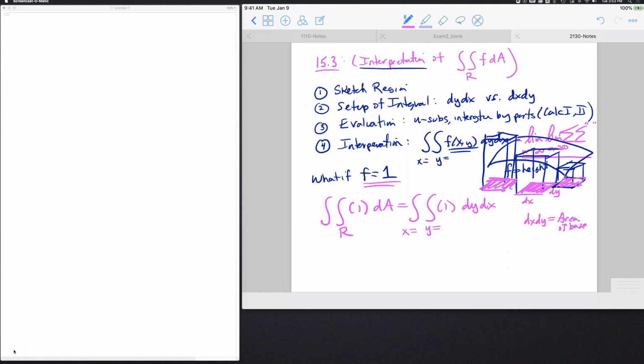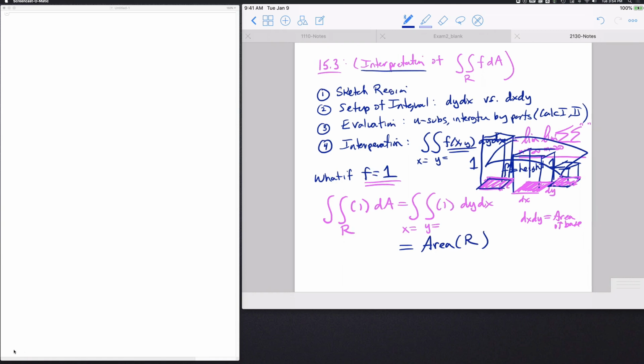If the function height is always equal to 1, then the volume of each cube is the same as the area of the base. From here we can interpret that a double integral of 1 over a region R is a nice way to compute the area of that region R.